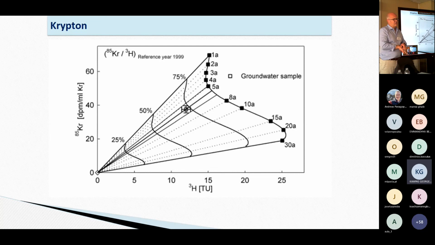We can do this also for other gases and combinations of gases. Another one is krypton-85. Often I use SF6 instead of krypton-85 and tritium, but I just want to mention krypton-85 here. Krypton-85 is the gas that is released by factories in which rods of atomic reactors are opened for recycling. When you recycle an atomic reactor, you cut it open, and during the process krypton-85 is released.